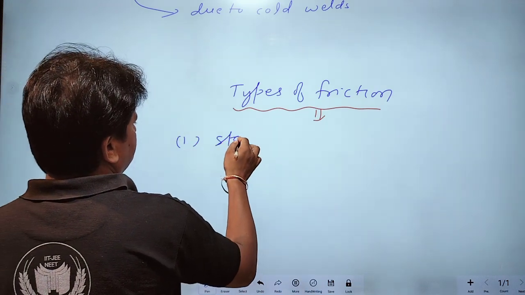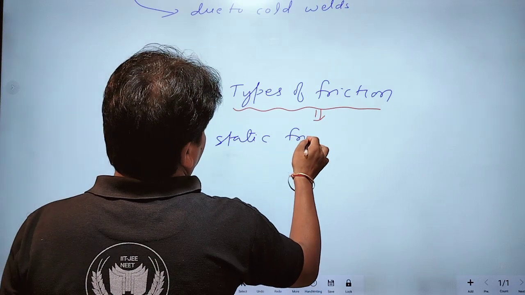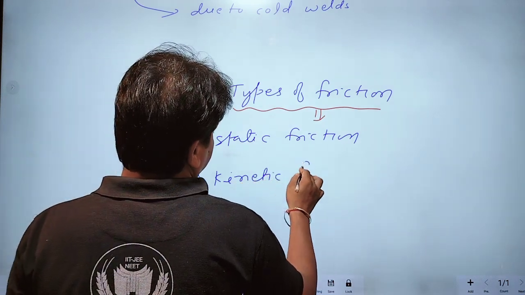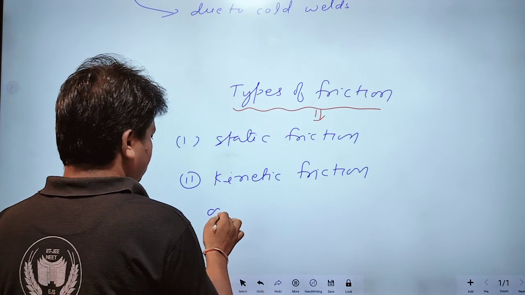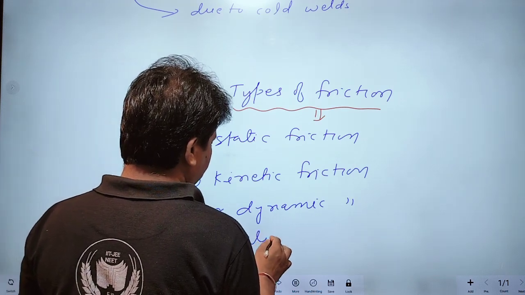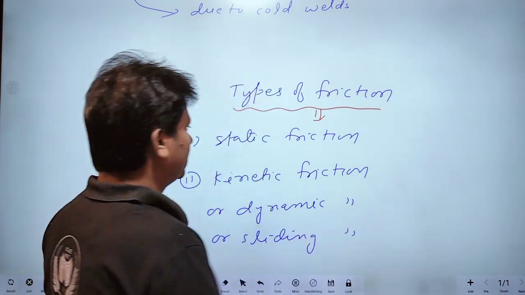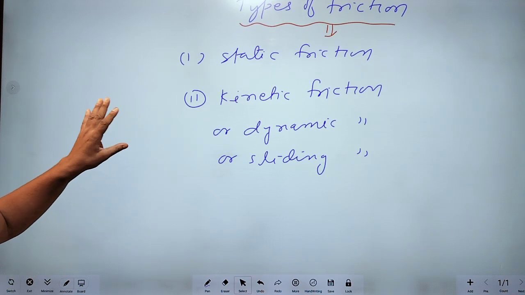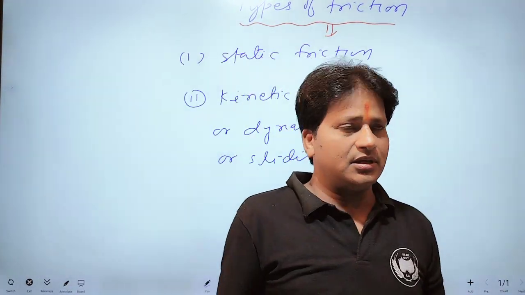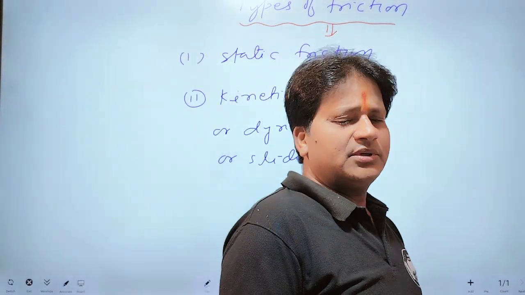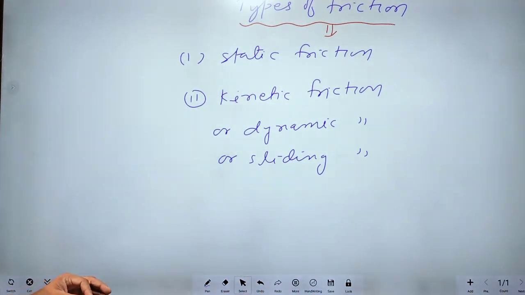First is static friction and second one is kinetic friction, also called dynamic friction or sliding friction. Static means at rest.